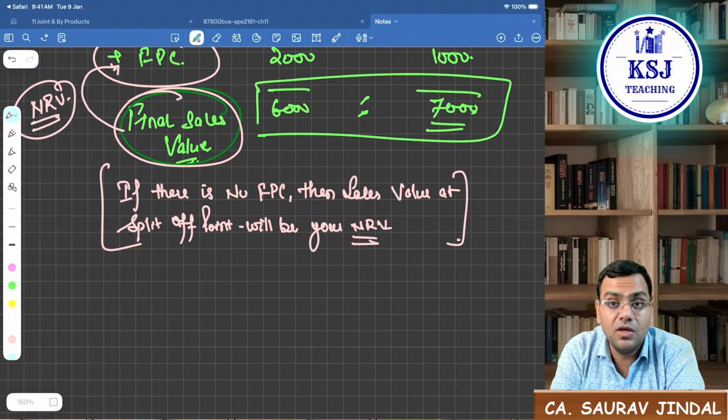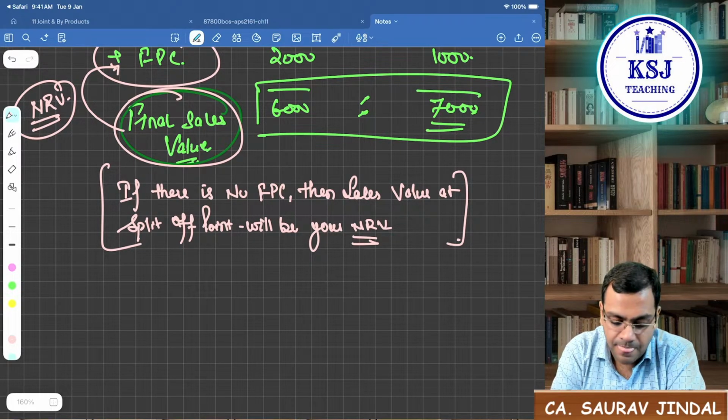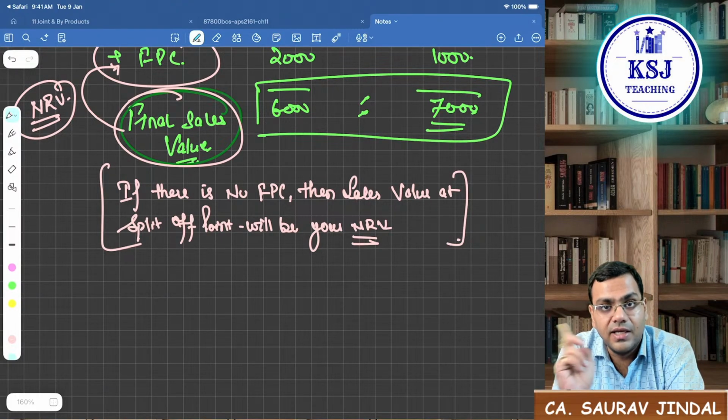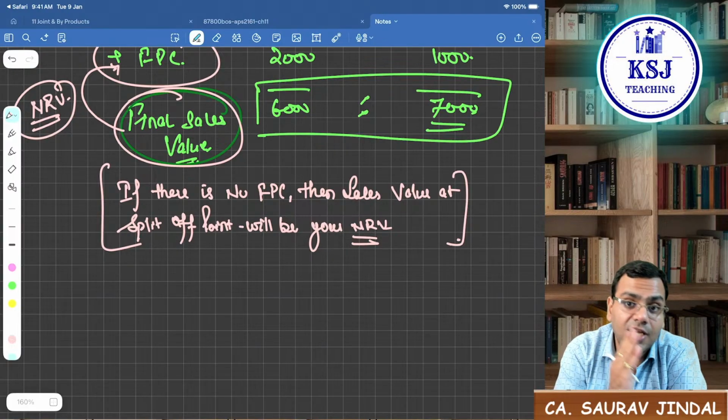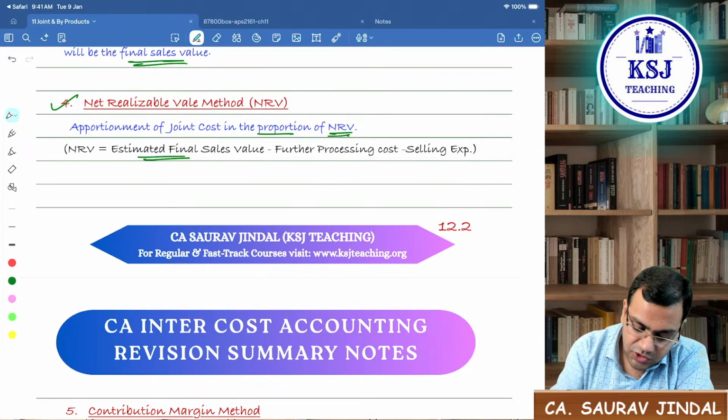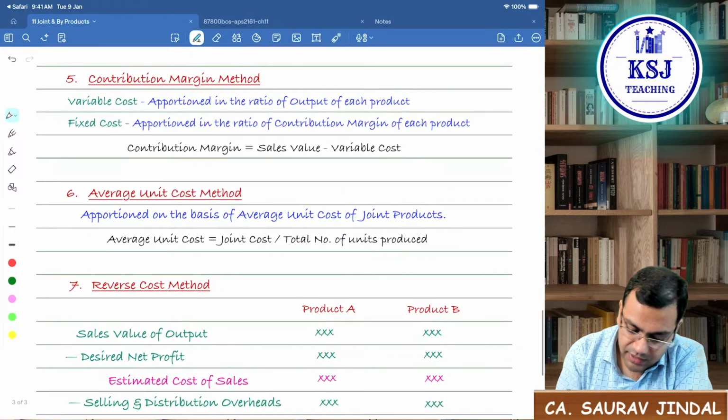Is this clear? If there is no FPC. In case there is FPC, then it has to be the final sales value minus FPC, and minus any selling and distribution expenses that you have incurred, that also you have to subtract, right? So this is the net realizable value method.